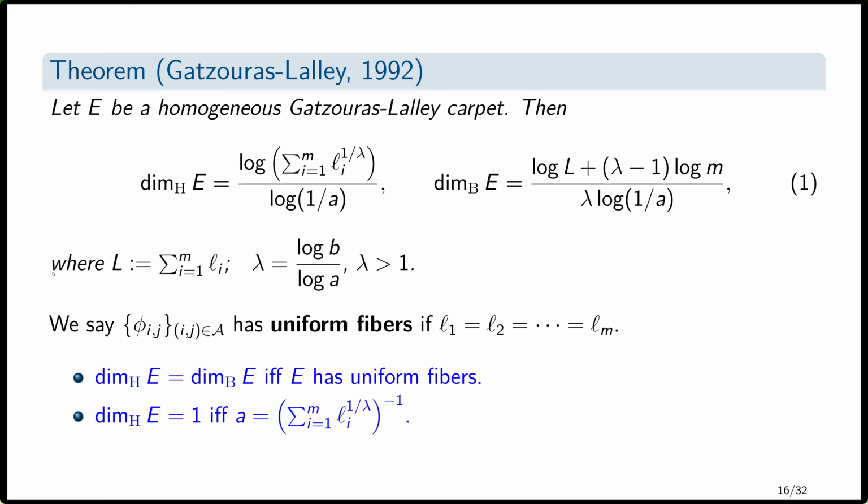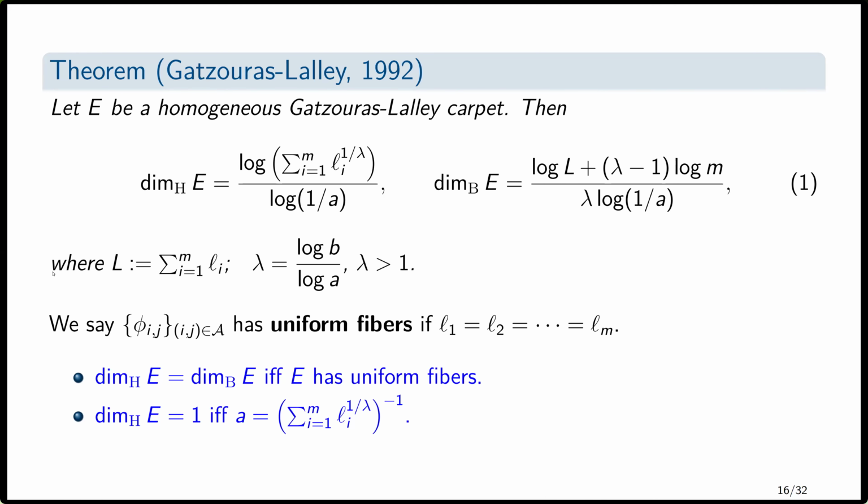So it is a direct result. And we found this result in Falconer's and Barany and Simon's book. We just use this result. And the Hausdorff dimension is 1 if and only if the numerator is equal to the denominator. So A is equal to this value.